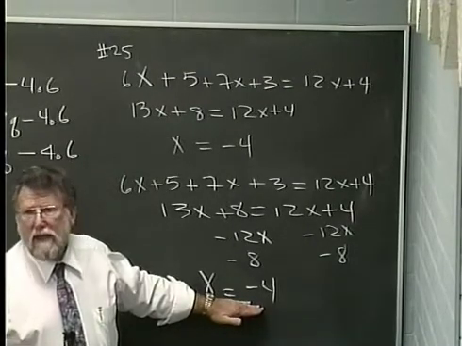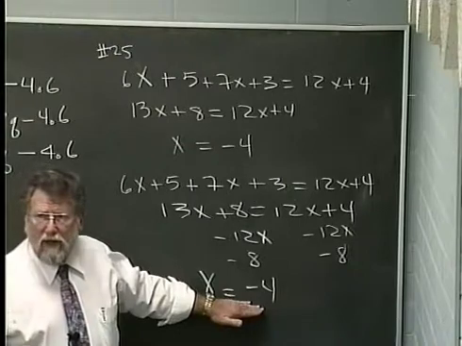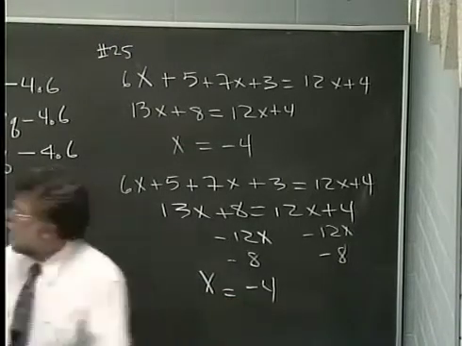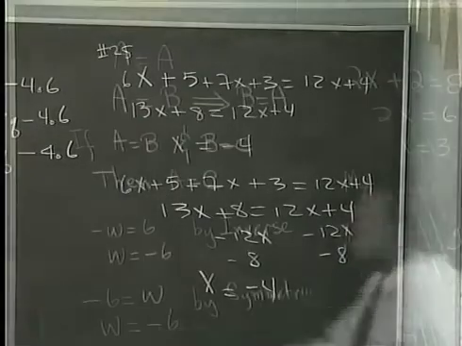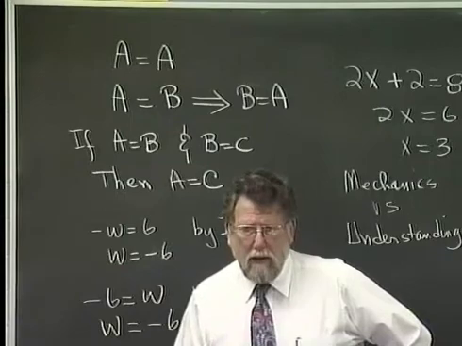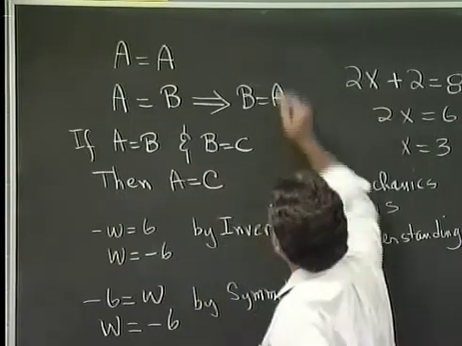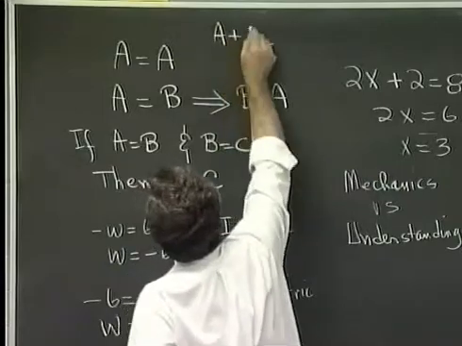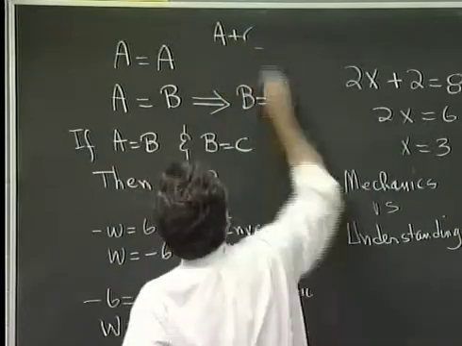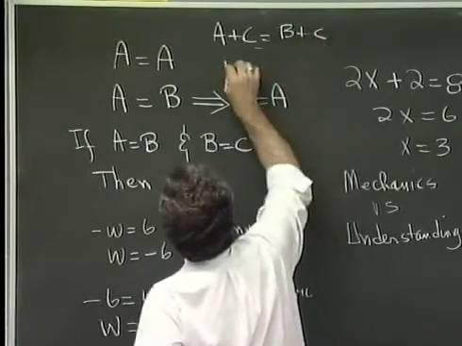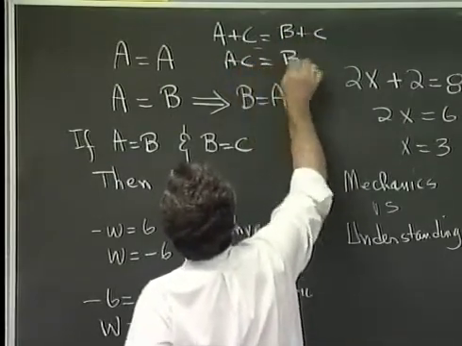Debbie, I'm going to go to the left side. So if you can kick over to the properties of equality. When I was at the properties of equality that we talked about, with A equals B, B equals A, remember there were two more. The two more were A plus C is equal to B plus C, and AC is equal to BC.